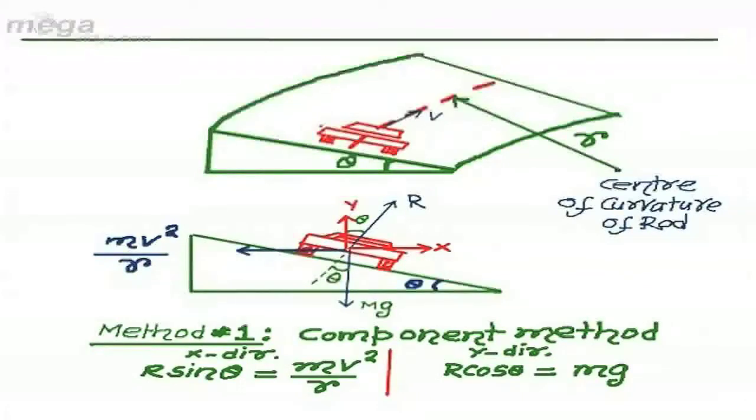That's why I have taken x and y components and equated them: R sine theta along positive x and mv square by r along negative x. In the y direction, R cos theta is upward and mg is downward.